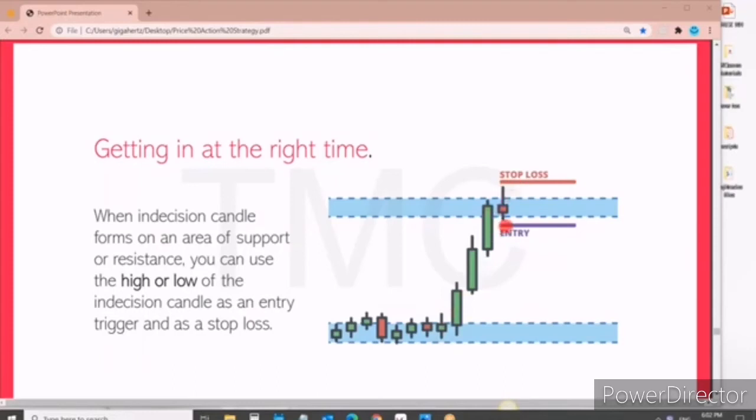Ang entry nyo, dun mismo sa low ng candlestick. Yung current candlestick, dun ka papasok sa low niya. Which is, this will be your entry and then your stop loss dun sa taas niya. Pero minsan minumove ko siya ng konti, kasi minsan sobrang masyadong malapit eh. So ganun lang yung idea niya. Okay?